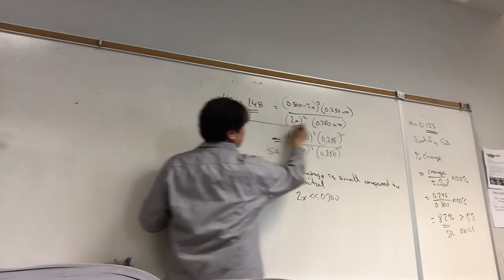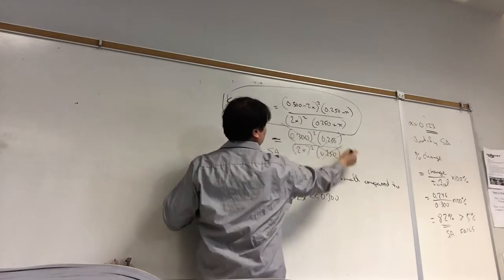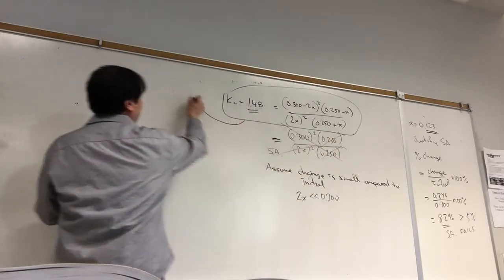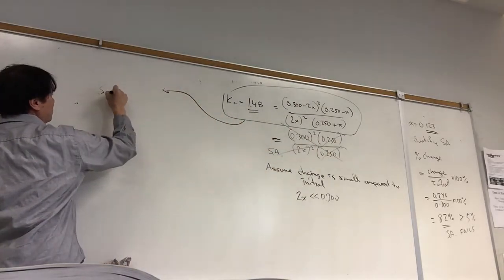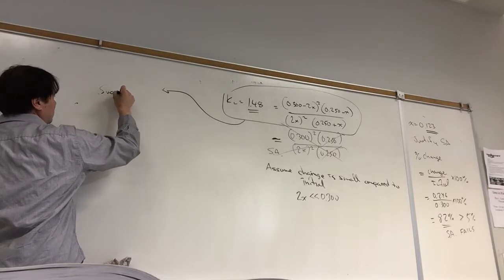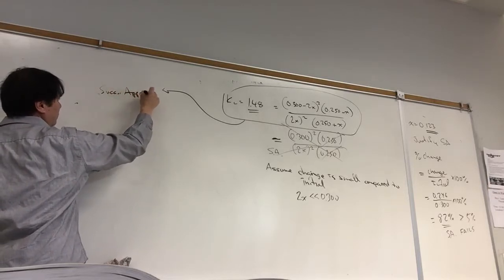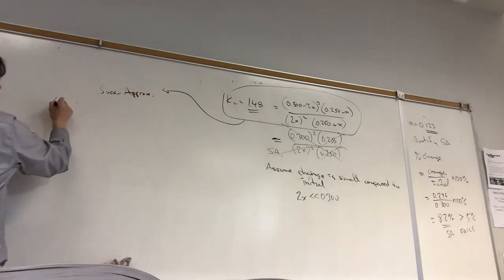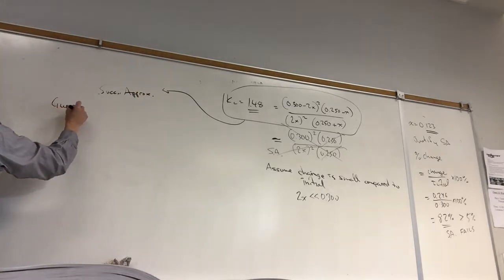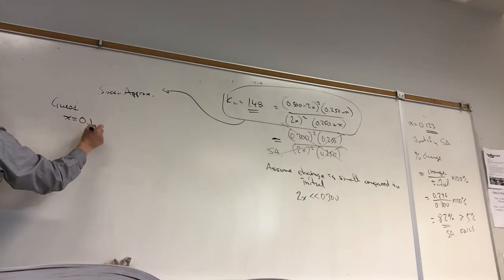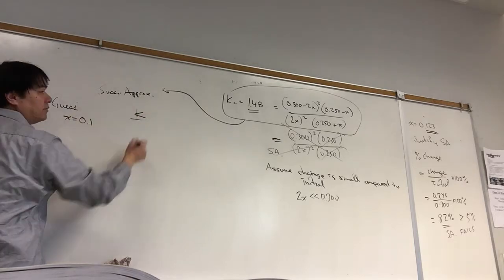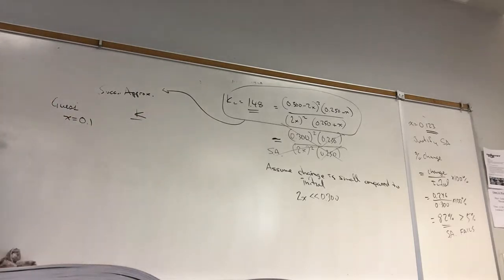And so we'll take this, like this is wrong, and then we'll do successive approximations. And then we're going to guess. Our first guess is that x is equal to 0.1, and then we'll check our k value, see how close our k value comes to 1.48.